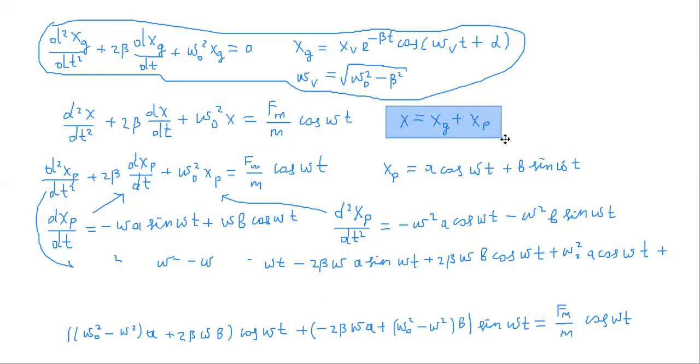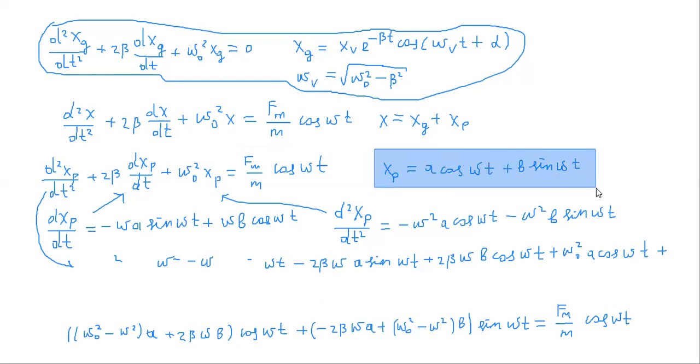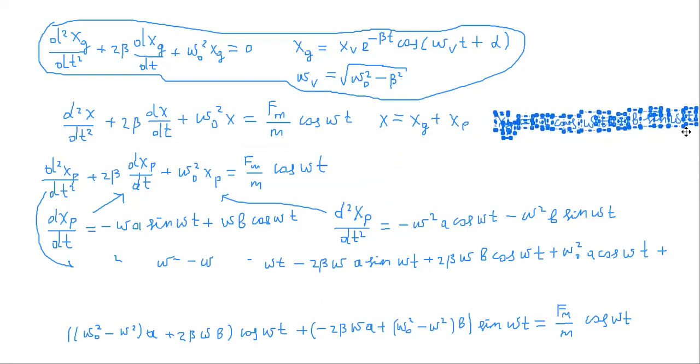So we have found that xp we have written as a cosine omega t plus b sine omega t.